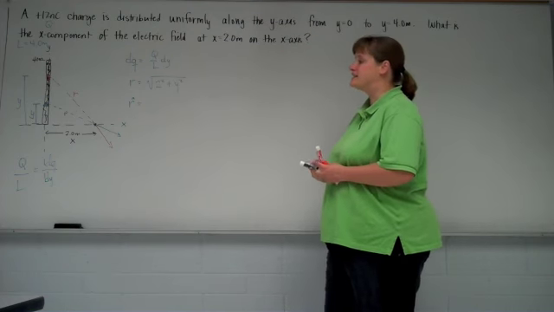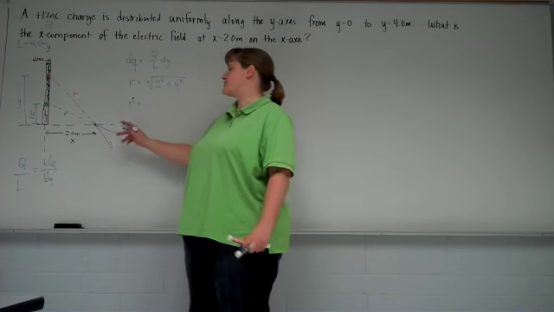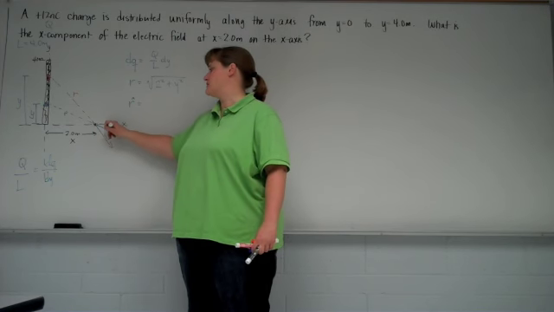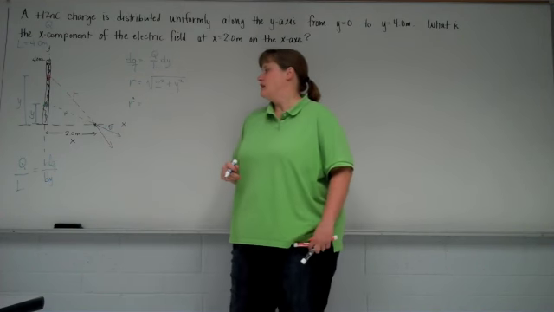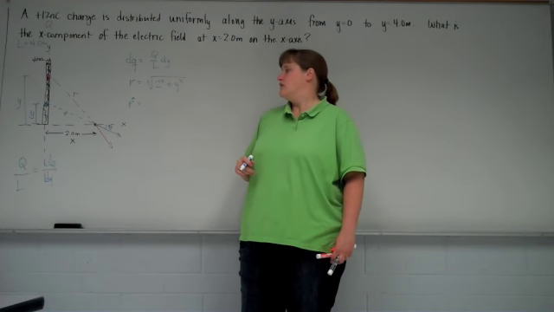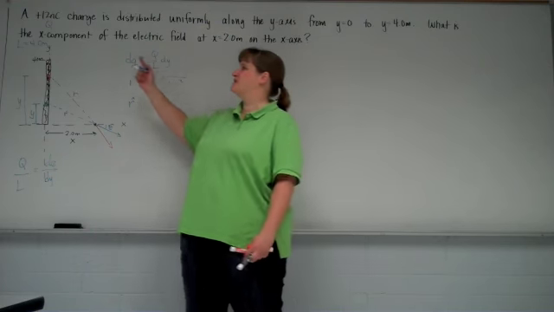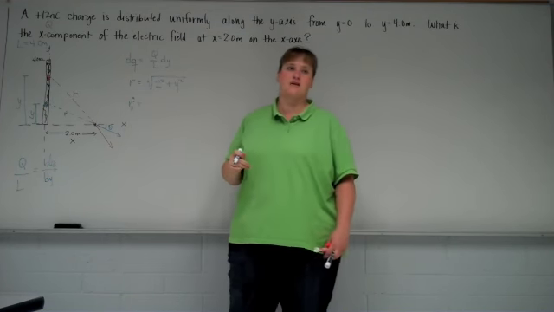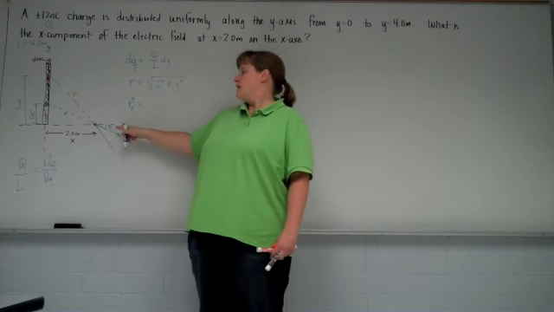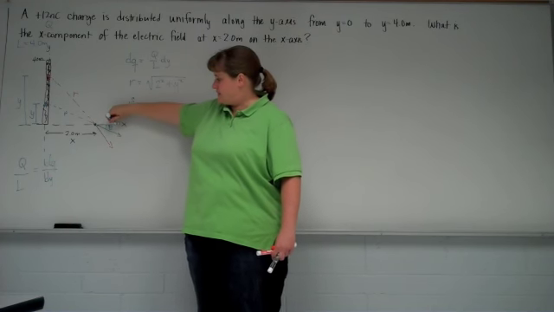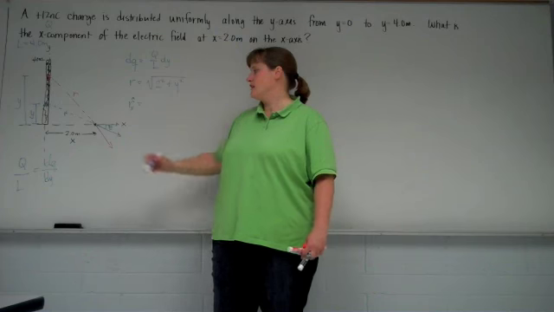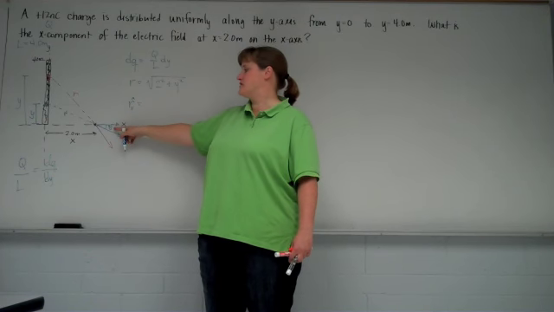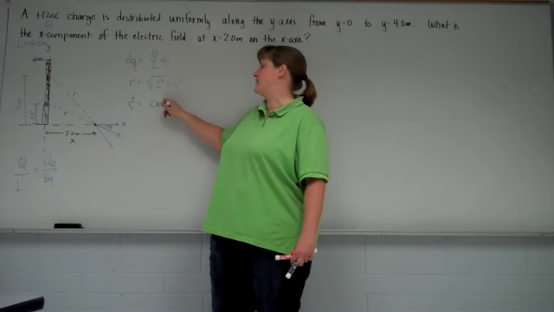r hat, there are both x components and y components. We only want the x component for this problem. So I'm only going to look at just the x component. The x component is right here. It's adjacent to our angle, so it will be the cosine of theta.